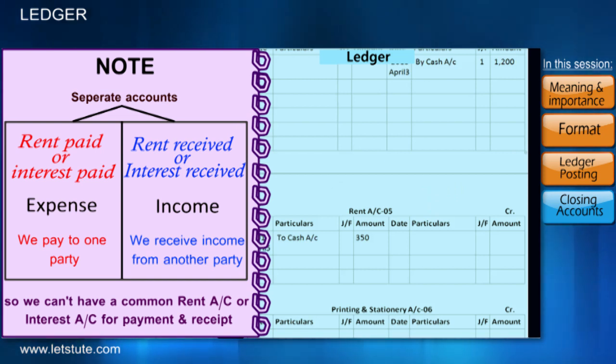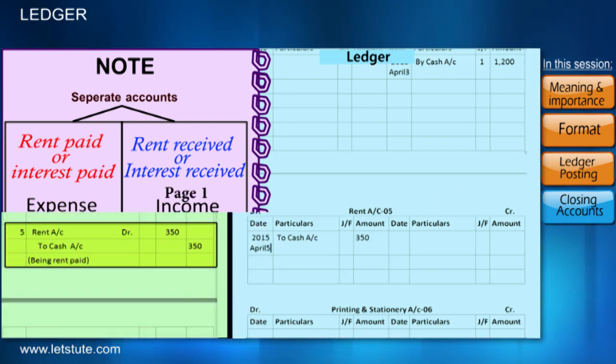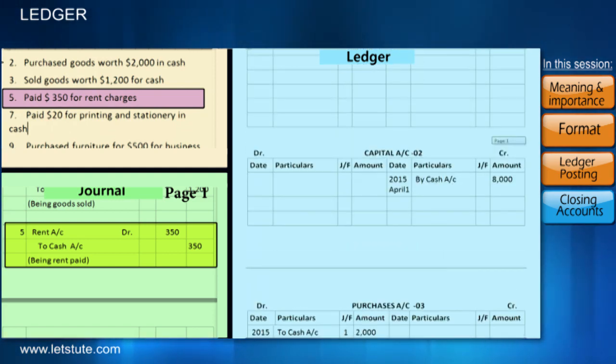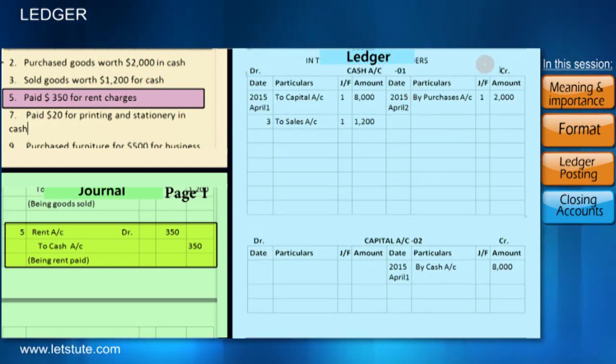So we should keep that in mind, that rent received account is separate and rent paid account is separate. So for the second effect, on the same date, cash account credit by rent expense account 350.